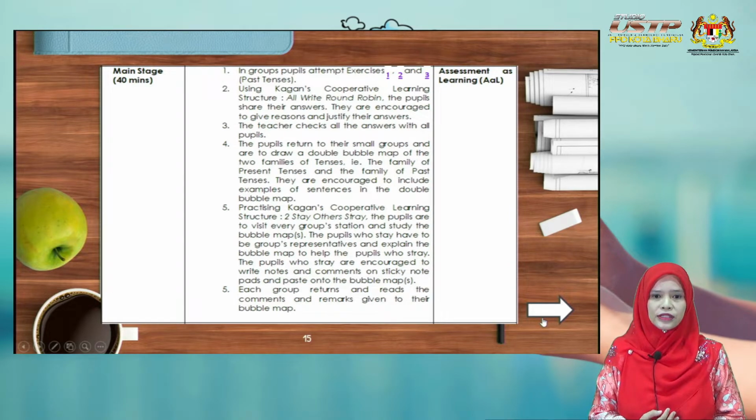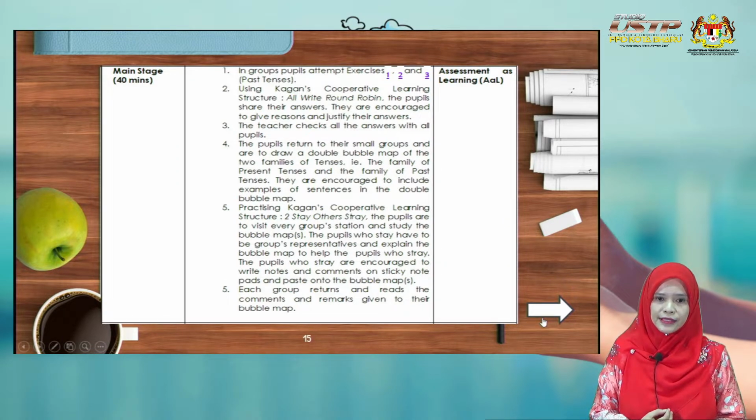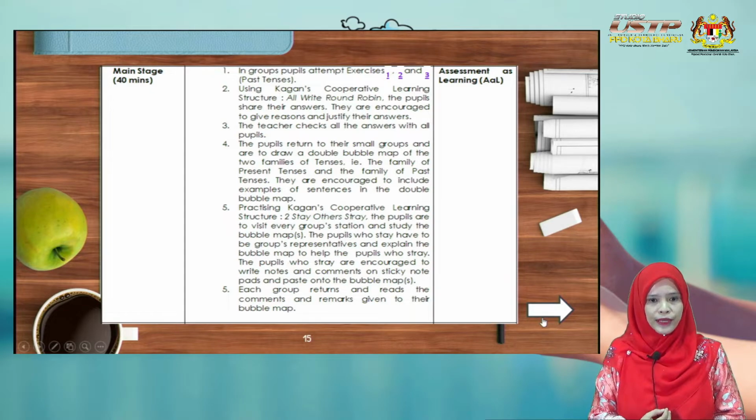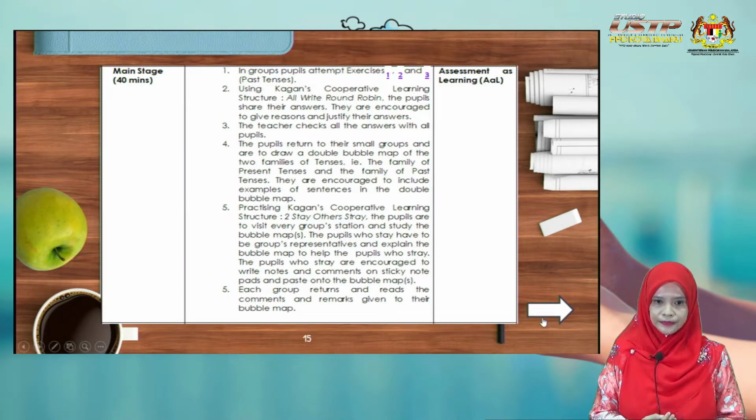Practicing Kagan's cooperative learning structure, Stay and Stray, the pupils are to visit every group station and study the bubble maps. The pupils who stay have to be the group's representative and explain the bubble map to help the pupils who stray.